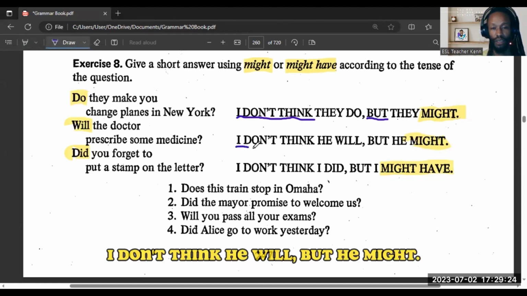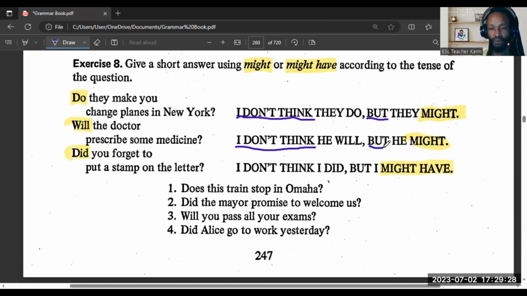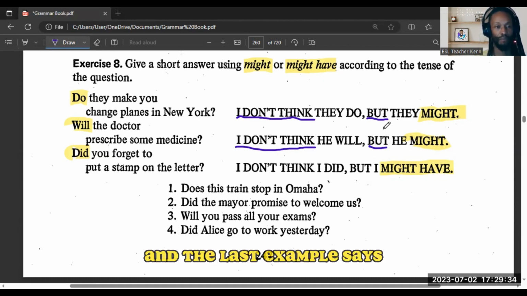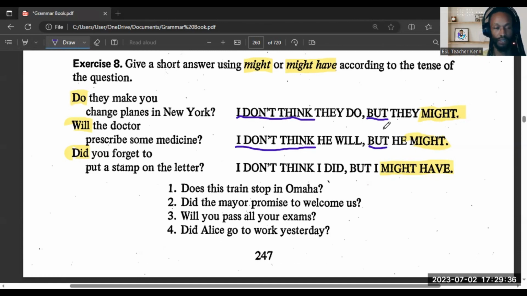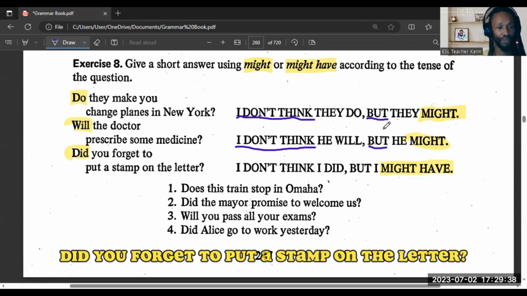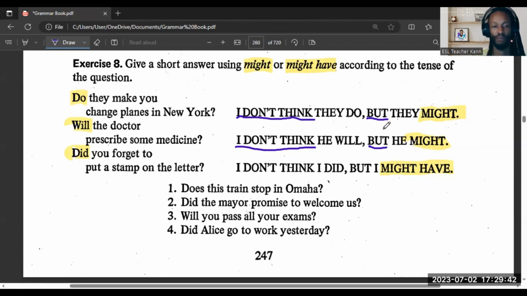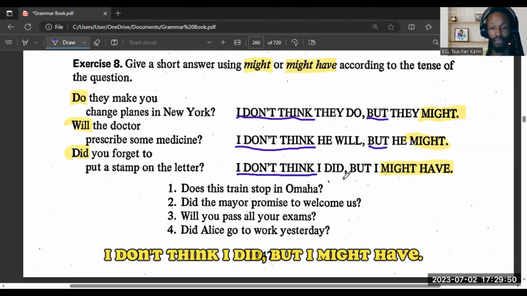I don't think he will, but he might. And the last example says, did you forget to put a stamp on the letter? I don't think I did, but I might have.